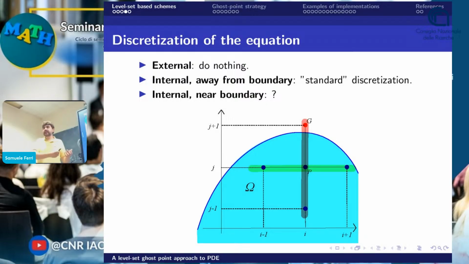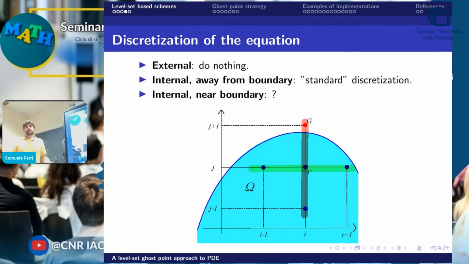How do we discretize our PDE inside these 3 parts? Well, on the external part, we don't do anything, because our PDE doesn't exist outside the domain. In the internal part, we have to see if we are near the boundary or away from the boundary.